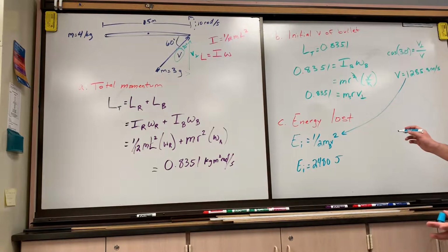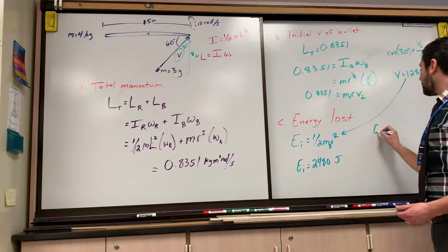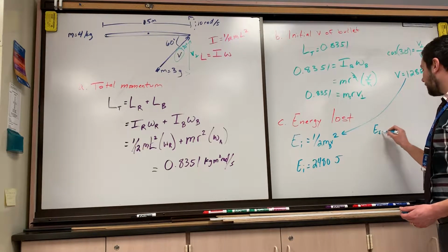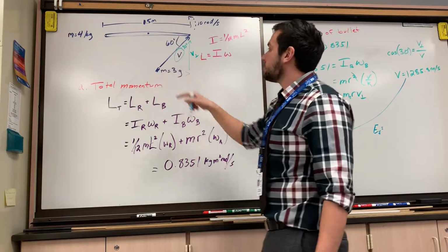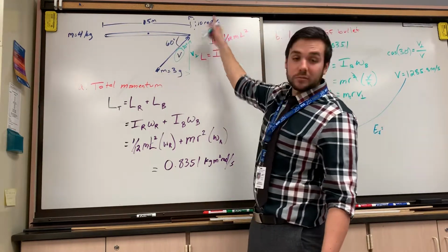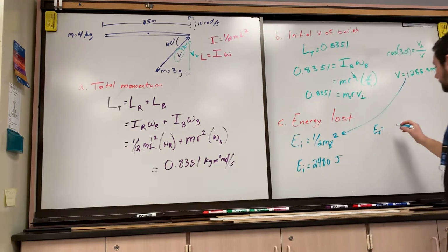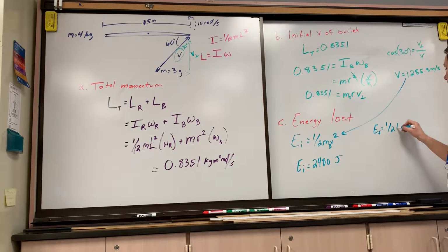The second part I want to consider is what is my energy after the collision, or my final energy. I can find that by finding the energy of each individual object. I know both of them are still moving at 10 radians per second. So it's 1/2 I of the rod, omega of the rod squared, plus 1/2 I of the bullet times omega of the bullet squared.